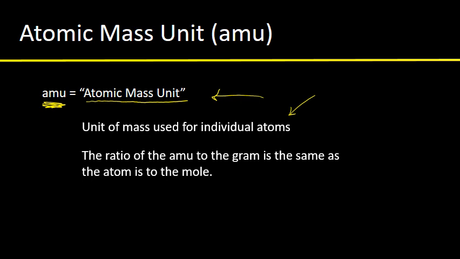And the ratio of AMU to the gram is the same as the ratio of the atom to the mole, right? And that ratio is Avogadro's number, which has the symbol N. And this is a number that you'll need to know.